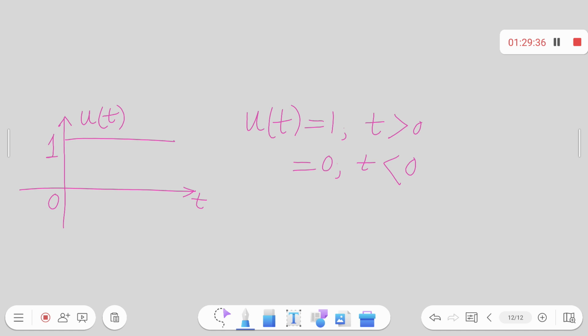No, it is aperiodic. What about the energy? Will it converge? No, it does not converge. This signal is known as the step signal, and using this signal you can construct different types of signals. It is considered a very basic signal to start with in signals and systems.